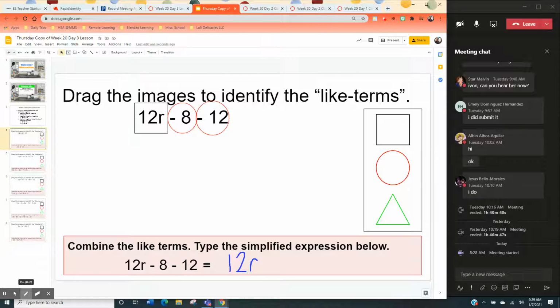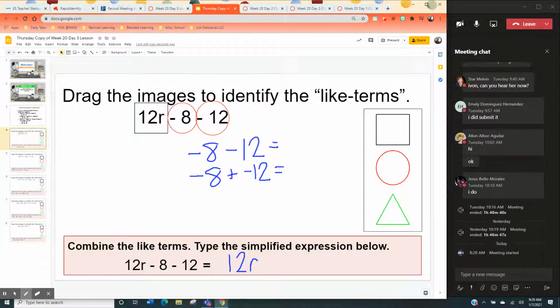So remember, when we did our rules, we saw that if we have a negative and a negative, it gives us a negative. Now remember, I have a negative 8 minus 12. That also means negative 8 plus negative 12.